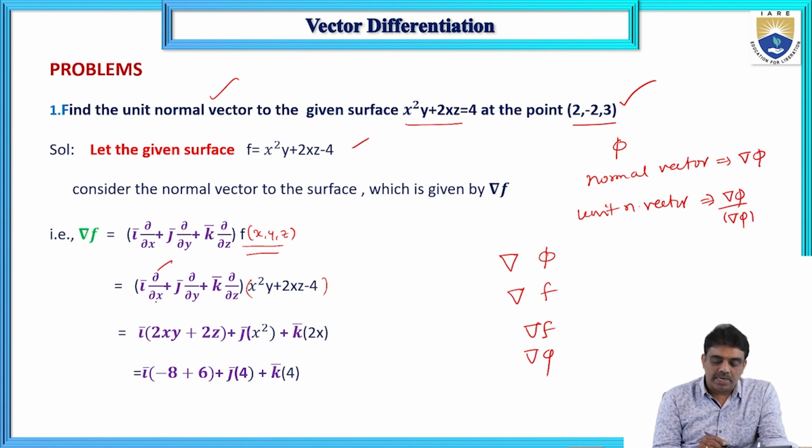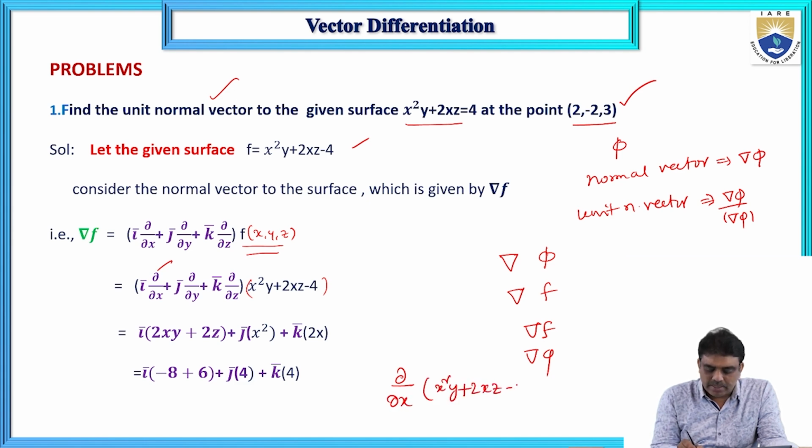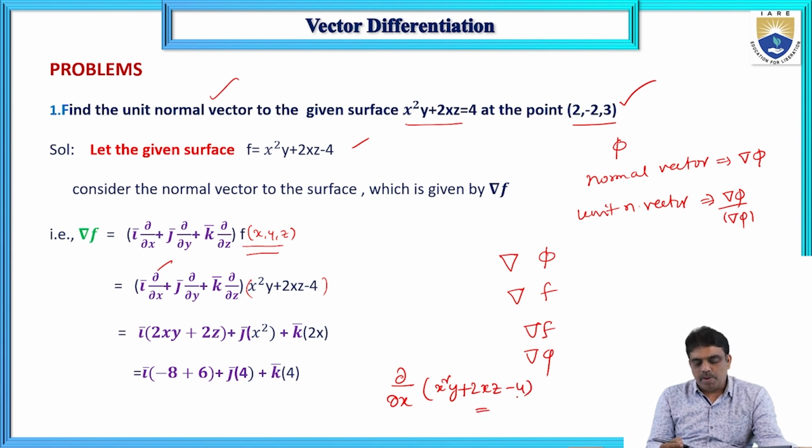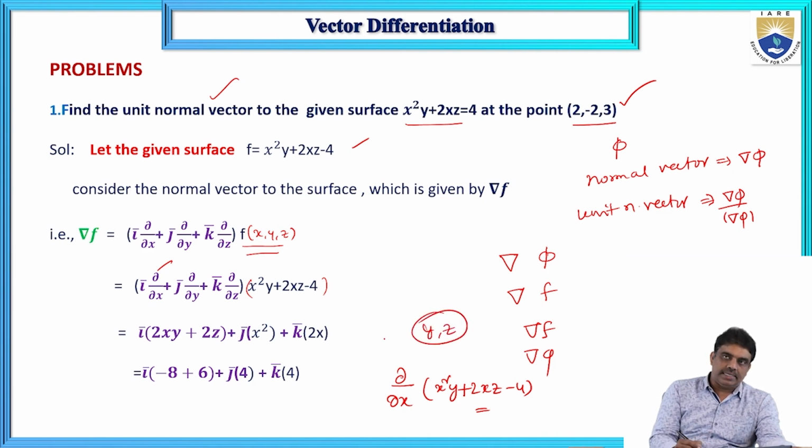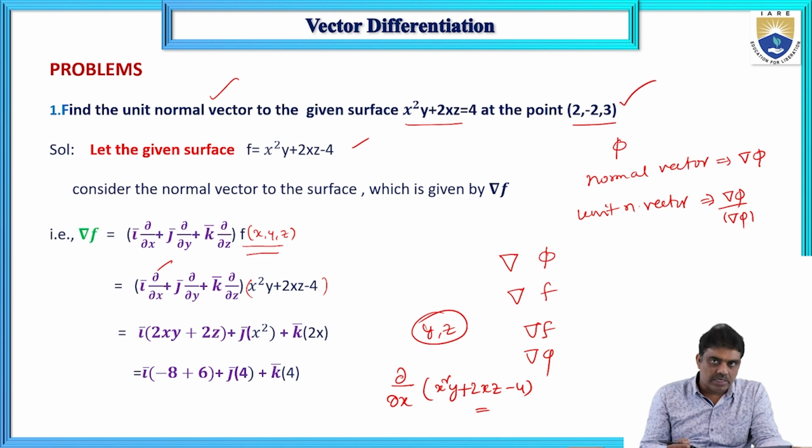When we are doing the partial derivative, dou by dou x of x square y plus 2xz minus 4, the other variables y and z are taken as constants. That is the partial derivative, you know that all of you. Dou by dou x of x square is 2x, and y is treated as a constant term, because we have to differentiate only the functions of x.